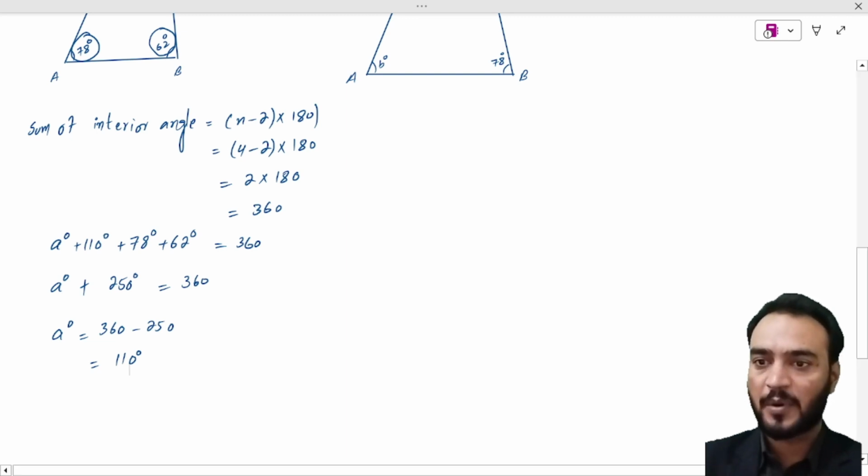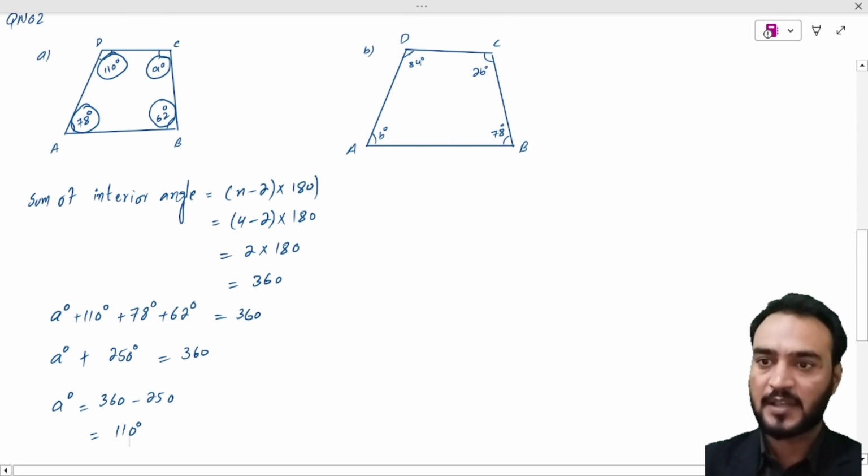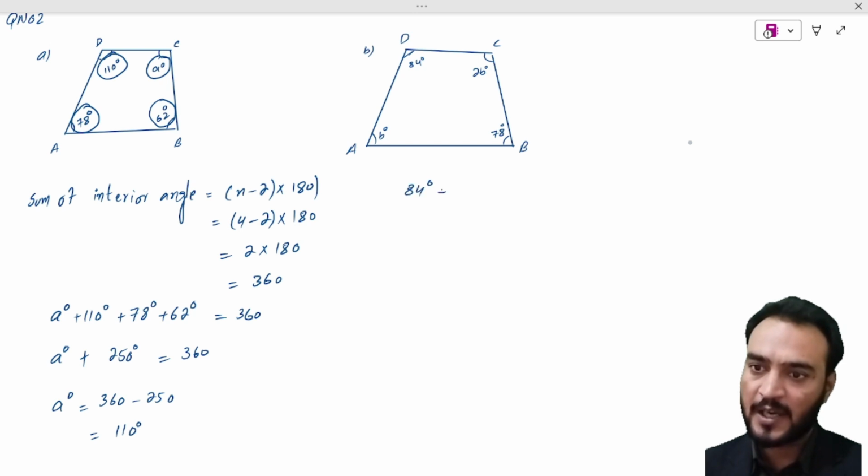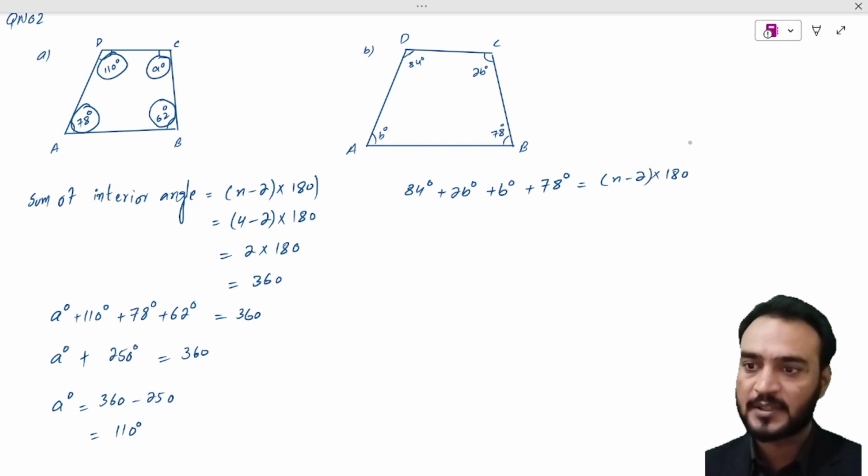Similarly, we can solve the part B as the sum of interior angles, that is 84 degree plus 2B degree plus B degree plus 78 degree is equals to n minus 2 times 180 degree. So the value of n is 4 because this figure also has four sides.